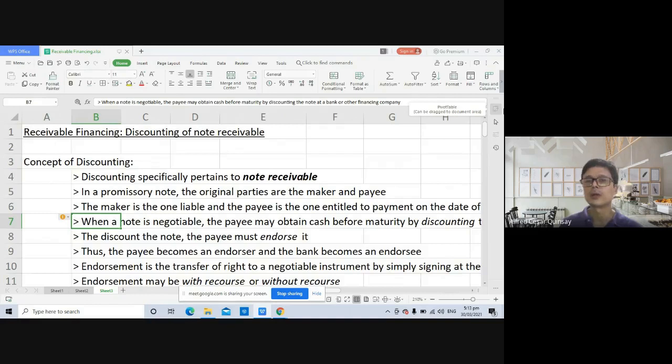No, so pwede niya ma-obtain yung cash in advance. Kaya lang i-discount niya. Let's say sa isang bangko or sa isang financial institution. So the discount of the note, the payee must endorse it. So kailangan i-endorse muna ng payee.